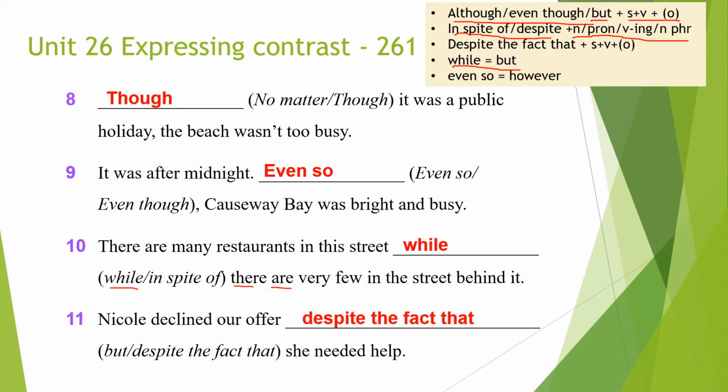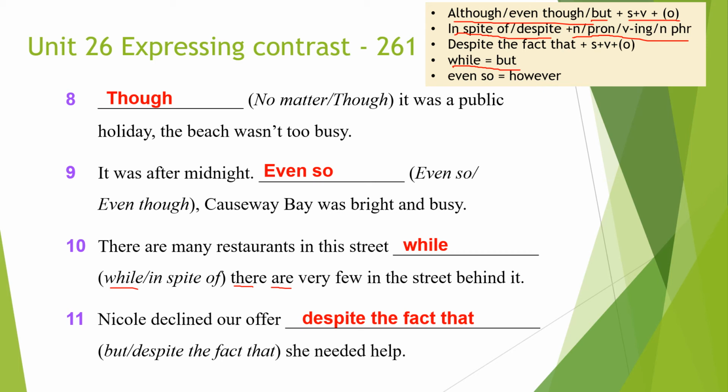Next one is number 9. "It was after midnight. Even though or even so, Causeway Bay was bright and busy." It was after midnight, so at night, maybe 1 o'clock in the morning or 2 o'clock in the morning. "Even so" means however: Causeway Bay was bright. However, it was still bright and busy.